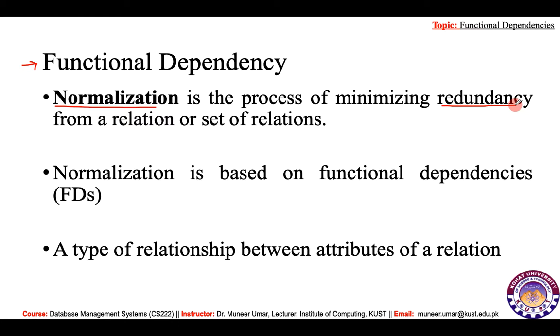And we also studied that the solution for data redundancy in databases is the normalization process. So normalization is actually based on functional dependencies, and functional dependency is a type of relationship between attributes of a table.